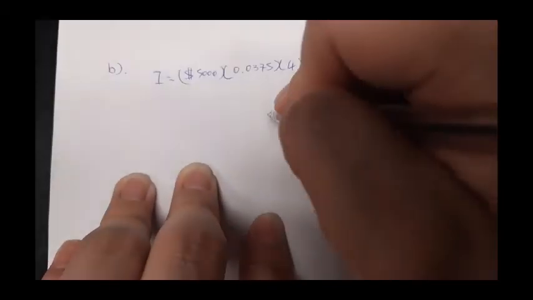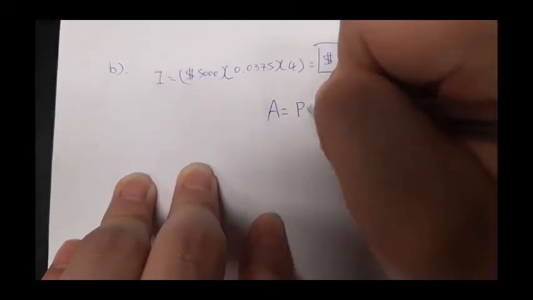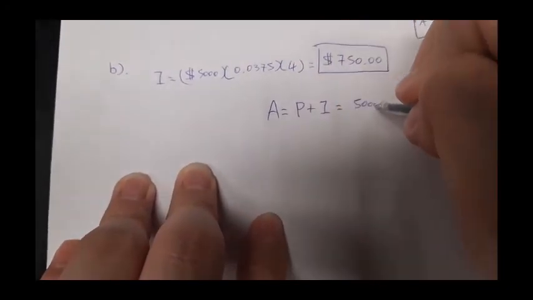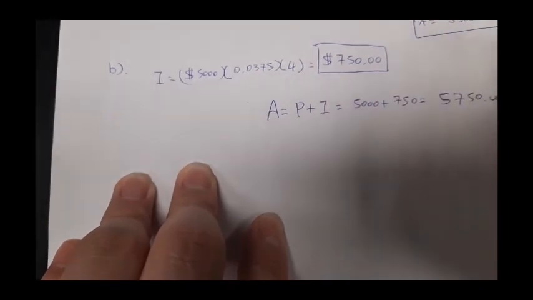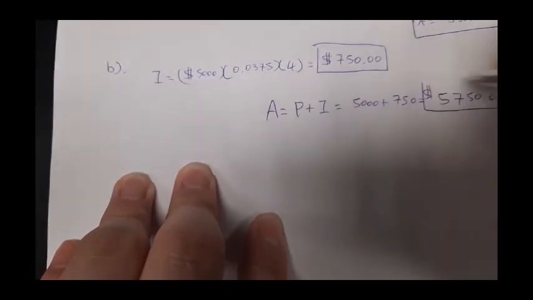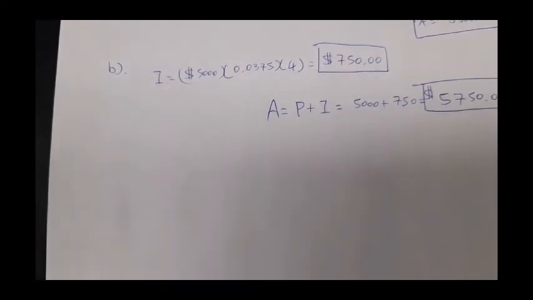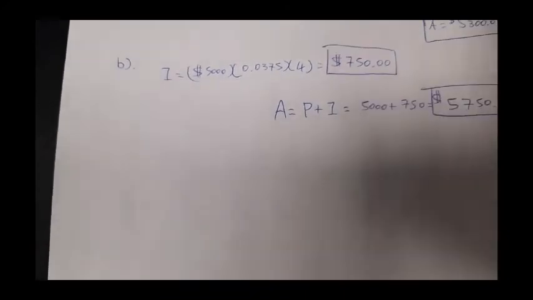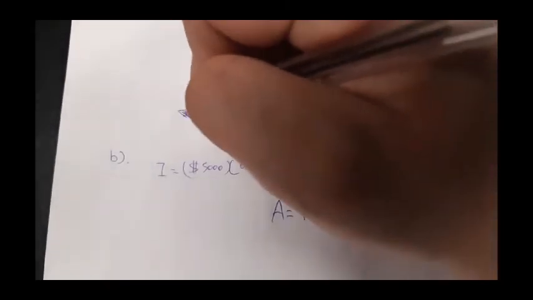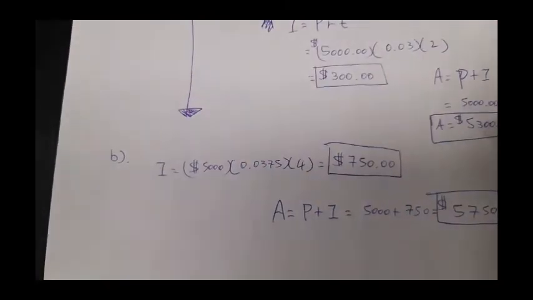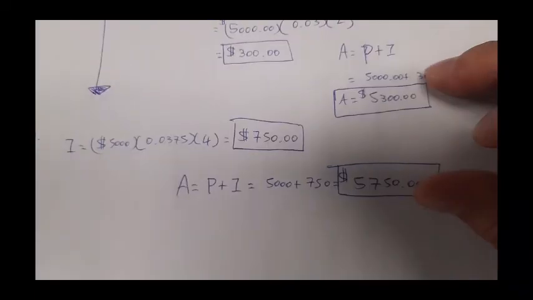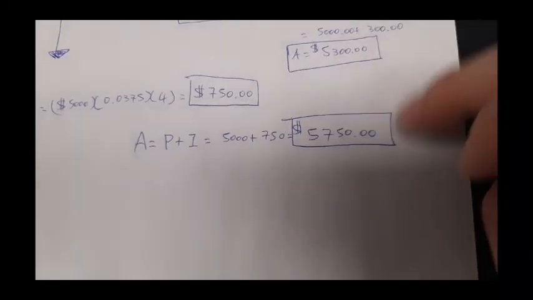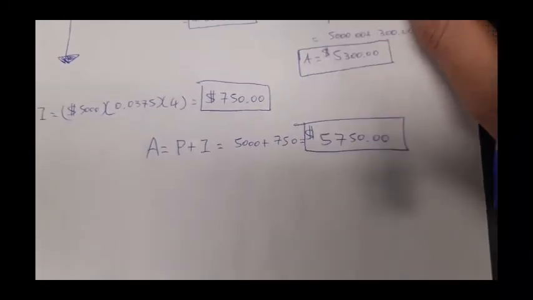So my total amount is P plus I: 5,000 plus 750, so $5,750 is what you have. Compared to the first one, the second definitely has a bit more money, and that's a no-brainer. The term is double the years, so no wonder we have about a 450 difference.